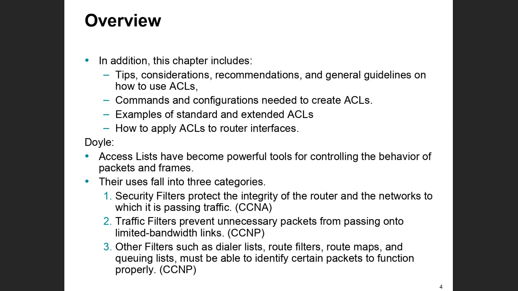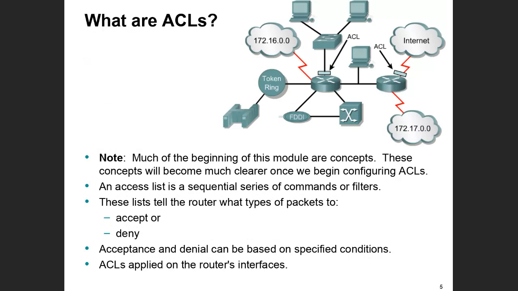So access control lists at the CCNA level, we're looking at just protecting the integrity of the router and its networks. At the higher level, CCNP, CCIE level, they have traffic filters, route filters. We don't have to worry about that stuff. That's more extended stuff. If you go for your CCNP after you get your CCNA, you can worry about that. So let's not worry about that today, just the basic stuff.